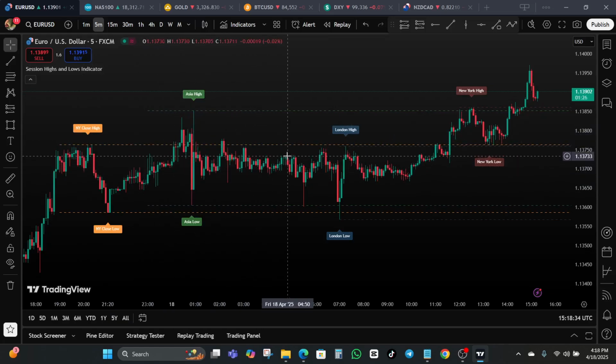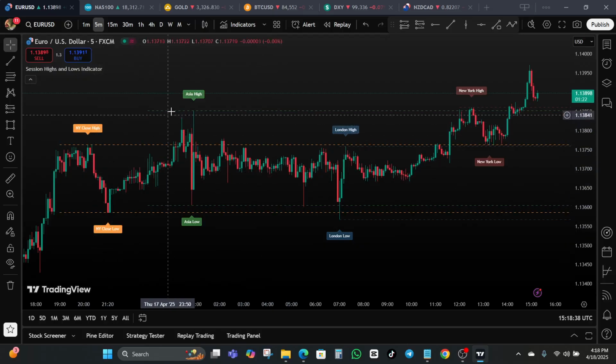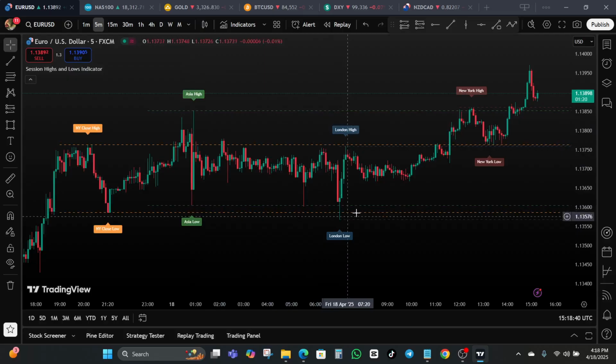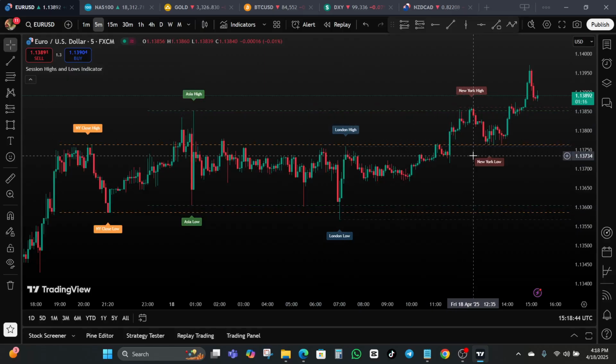You can see this is the New York session high and low, the Asian high and low, the London high and low. Rejection at session highs or breakouts above session lows can give solid intraday setups. So this is especially useful for timing entries near key psychological points.